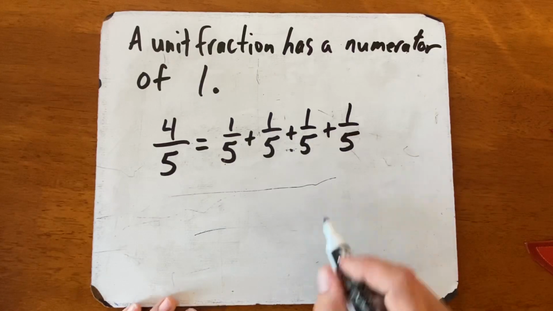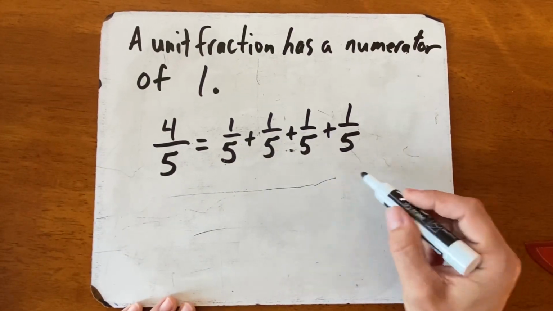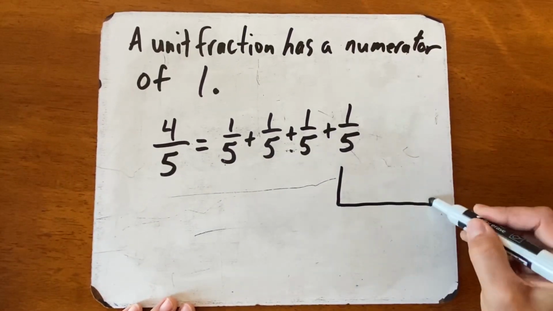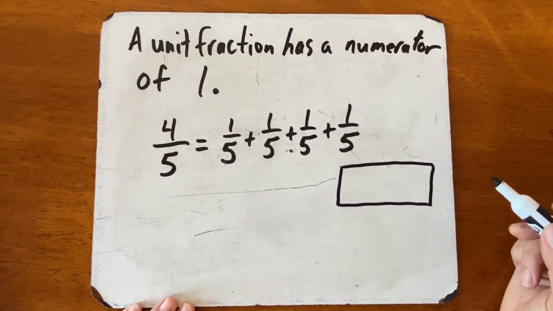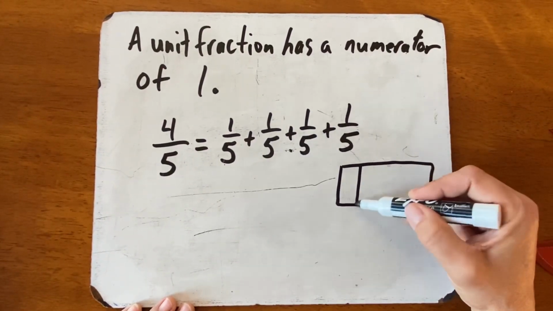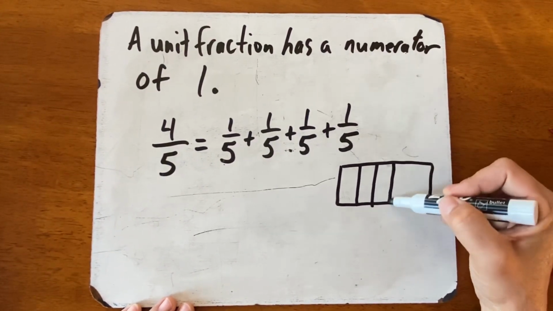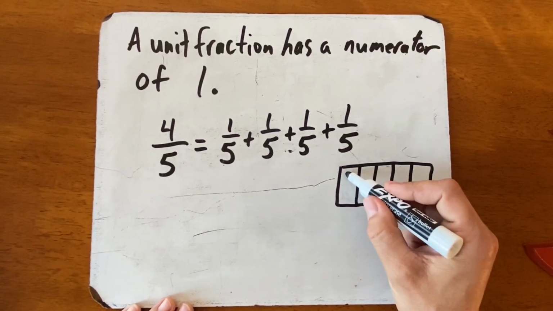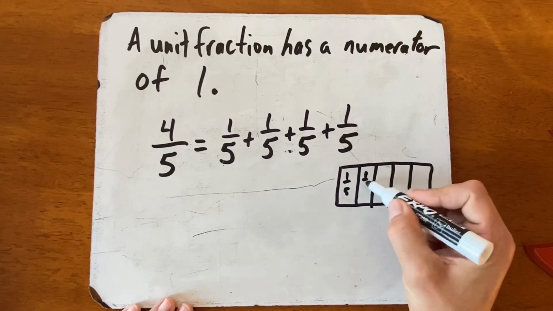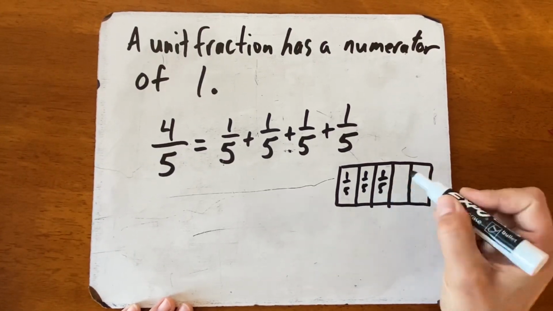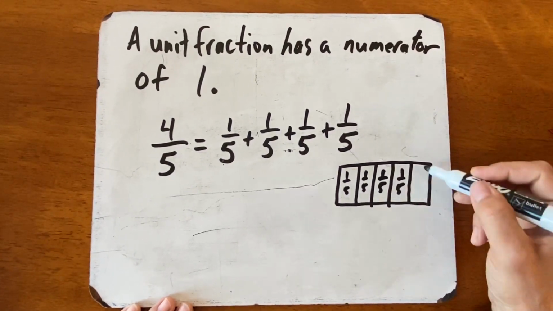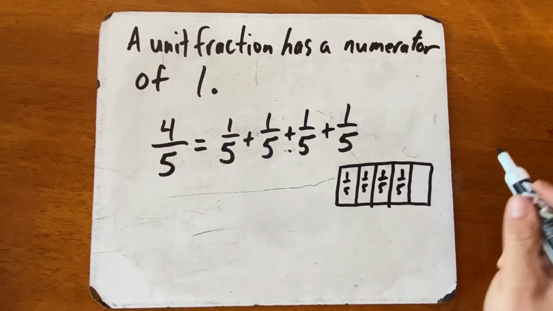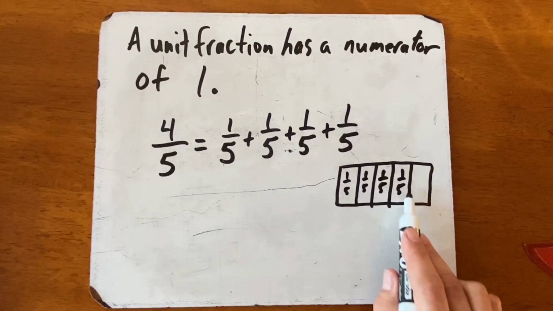Remember, these 1/5 pieces are part of the whole. So let's say that was your whole piece, okay? You'd break that into 5 equal parts. 1, 2, 3, 4, 5. So this would be a fifth, a fifth, a fifth, and a fifth. This too is a fifth, but for this sample, we're only looking at 4/5.